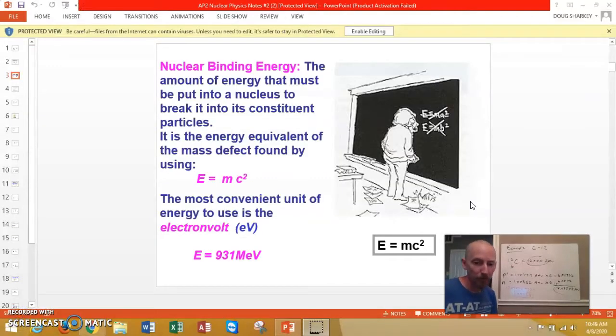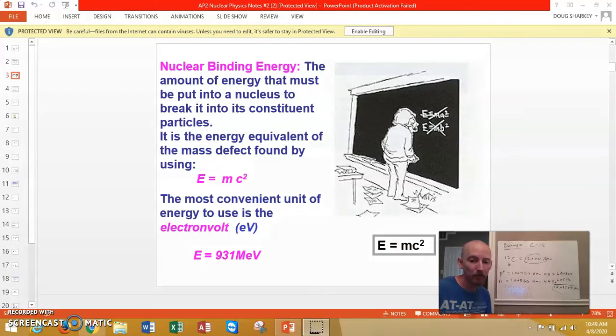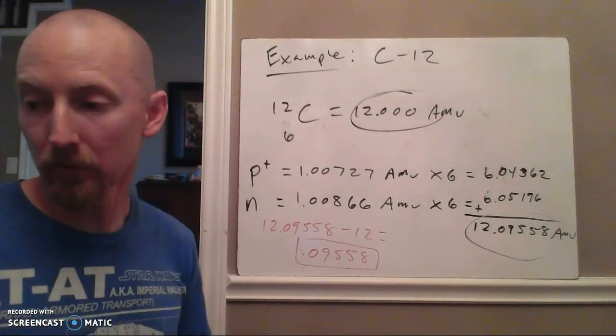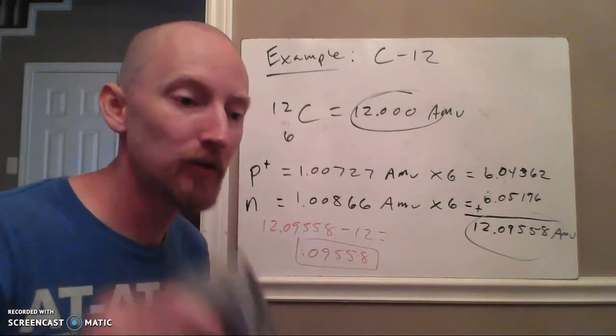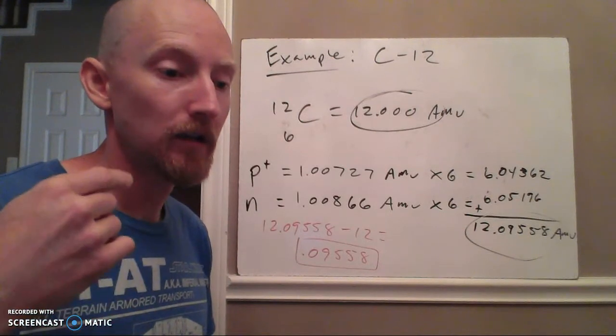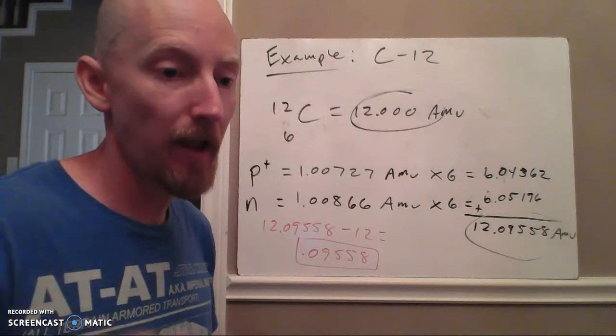All right, now I was being a little hasty there, because it's not actually energy, right? That's mass. So I want to go back to the slide here and show you that this number down here, this 931, it's actually 931.5, is important. That 931.5 is the energy contained per AMU.